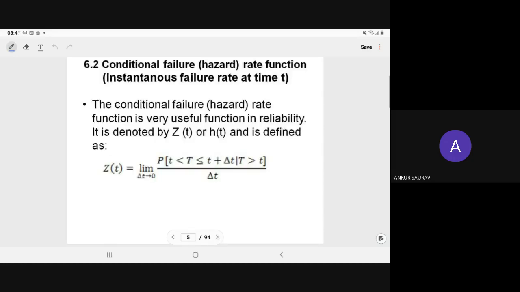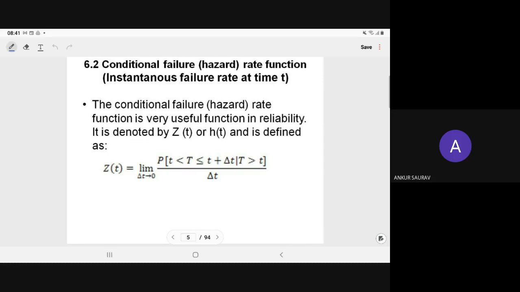Now, after that, we have a very important term: conditional failure rate or hazard rate function or instantaneous failure rate at time t. It means at the particular time, what is the failure rate? If up to the time t there is no failure, then at that time t, what is the failure rate?